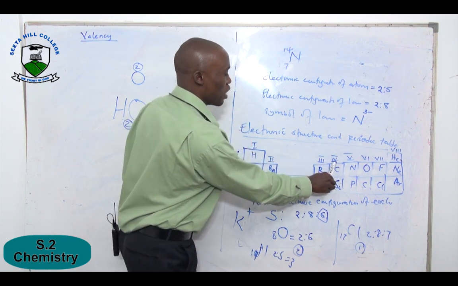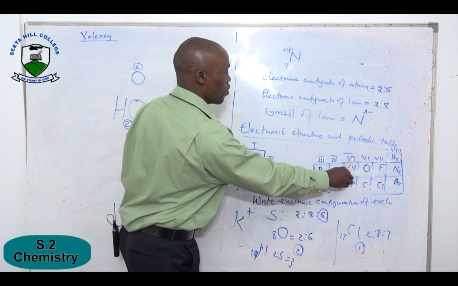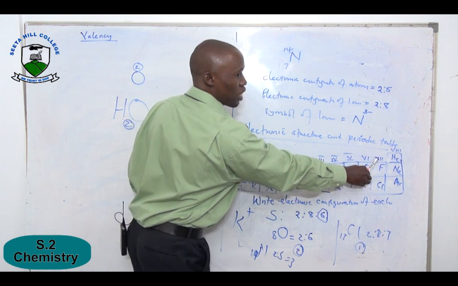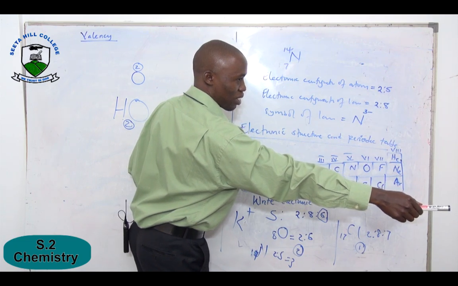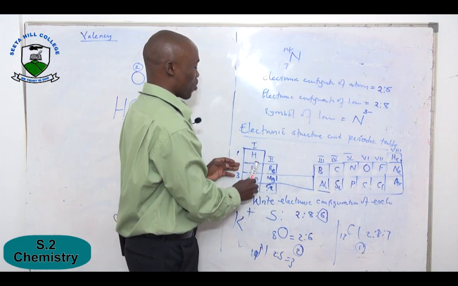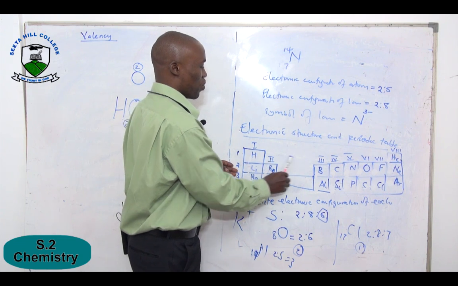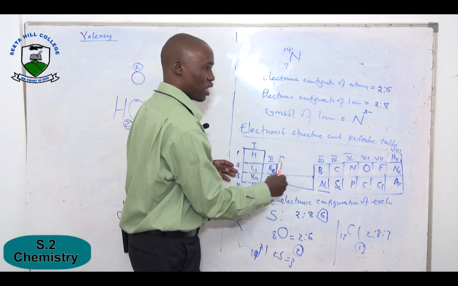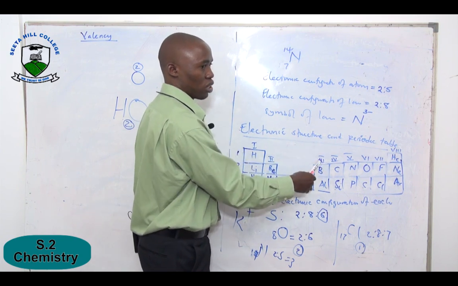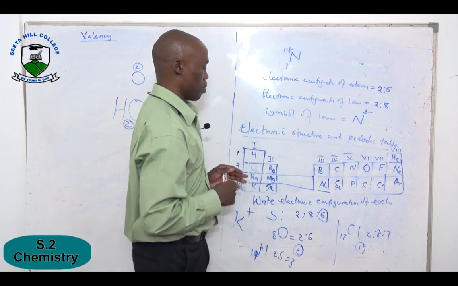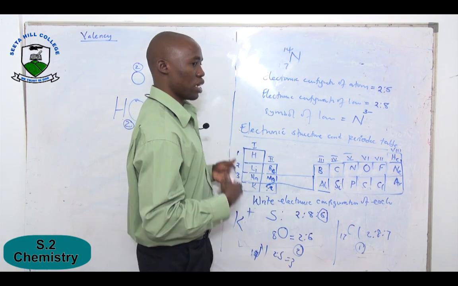And when you are in group 1, 2, 3, because this 1, 2, 3 is the outermost electrons, that's for metals, and for them they lose electrons.